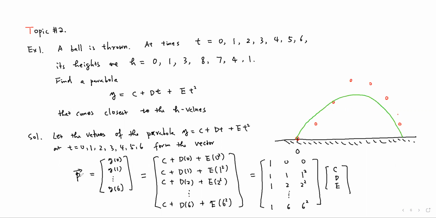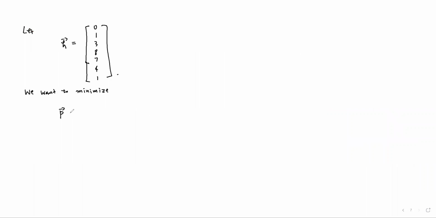We want to minimize the distance of P from H, so P minus H, then take the length. This is the distance between P and H. H is the vector of the given data. Now this is a least squares problem.